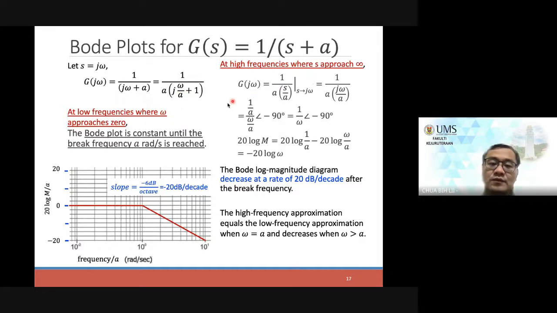So for the low frequency, the Bode plot will again start from 0, still the same. But when we come to the high frequency after the break frequency, we get something similar but with a negative sign. Previously it is a positive sign, now we get a negative sign, therefore it represents a reducing format. What is the rate? Same, 20 dB per decade. So we just draw 20 dB per decade. This is the way to draw it, right?